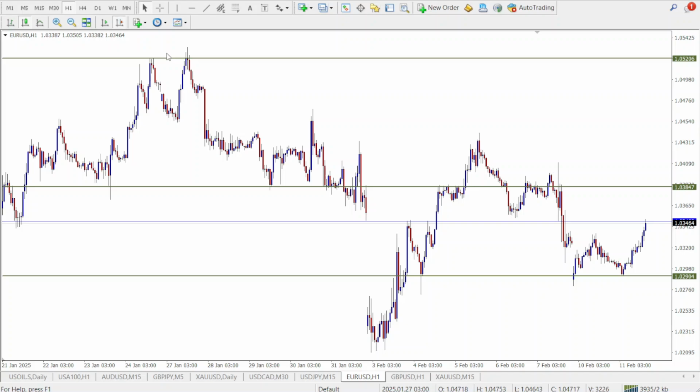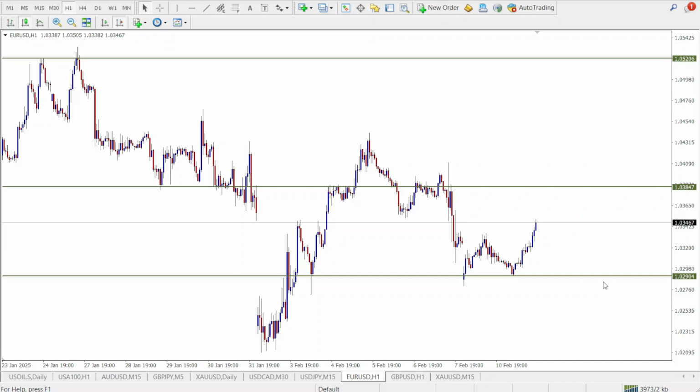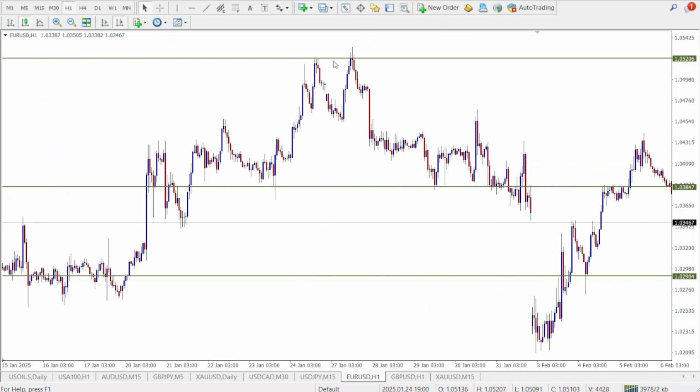This acts like a ceiling that keeps the price from rising. These levels form because of supply and demand dynamics. So when price approaches a support level, you should be looking for buying opportunities, and when price nears a resistance, traders consider selling.